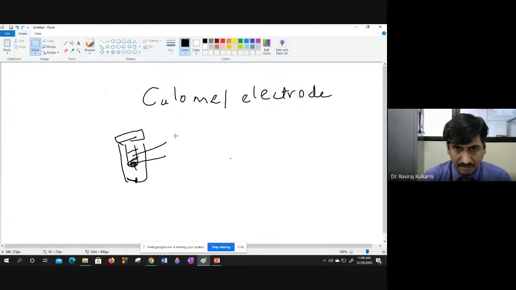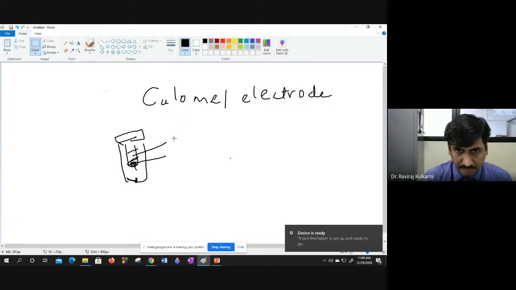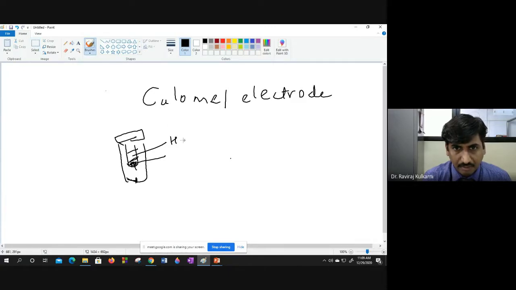Let's see now this one. This is mercurous chloride, Hg2Cl2.